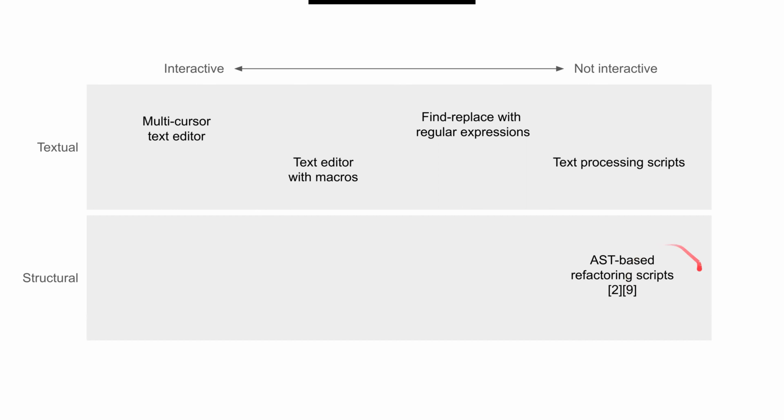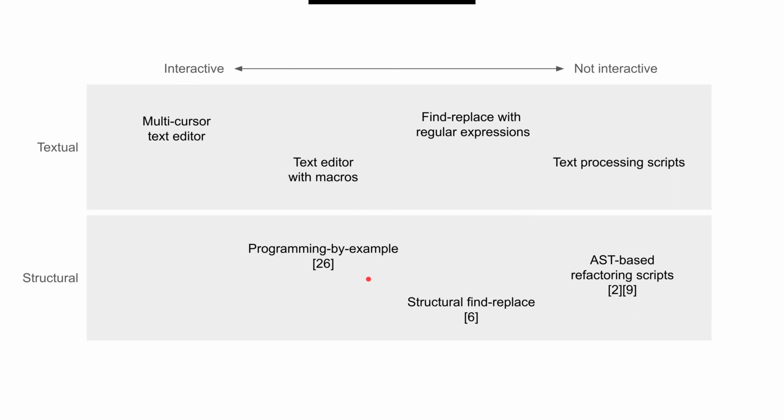We have AST-based refactoring scripts, which work with nodes of an abstract syntax tree to perform an edit. And sometimes this is done with a library, sometimes with a domain-specific language. We have structural find replace, which is the analog to find replace with regular expressions. And for text editing with macros, there's not really a widely researched analog.